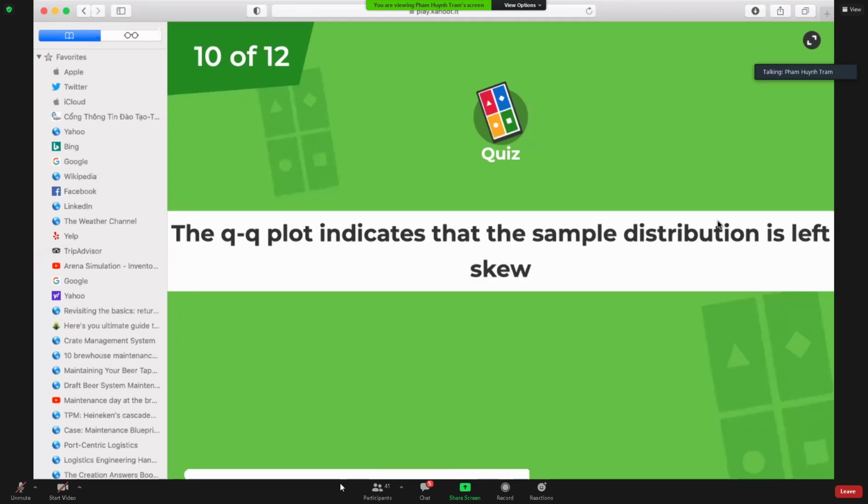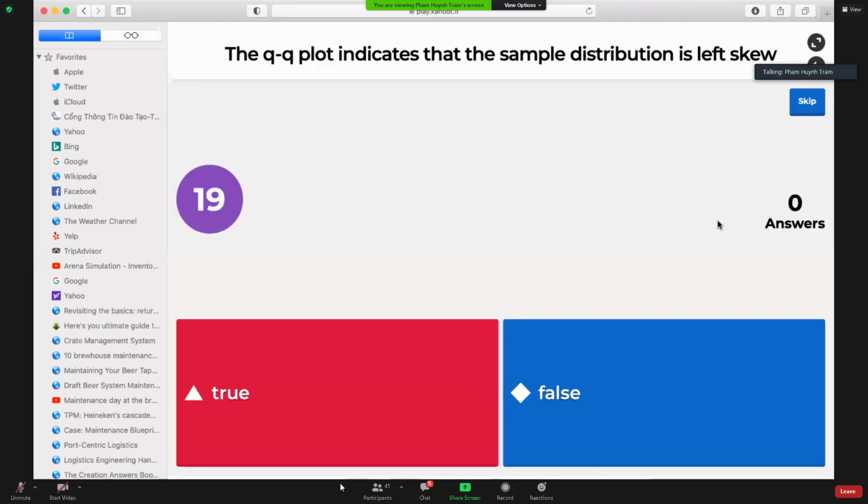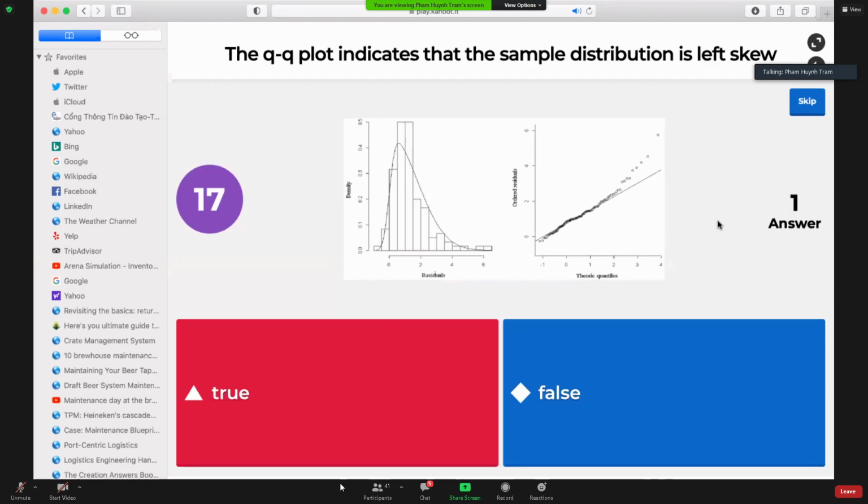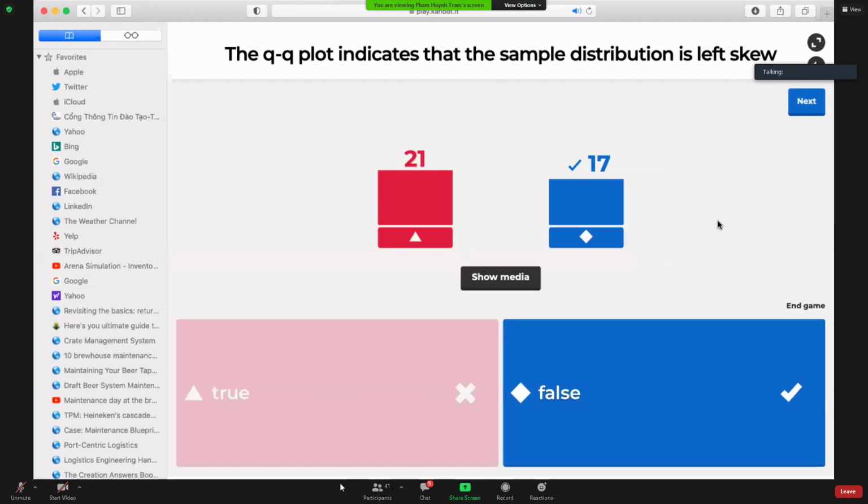The QQ plot indicates that the sample distribution is left skewed. Is it true or false? All right, this is a tough question. I didn't teach you this in class, but I gave you the slide.